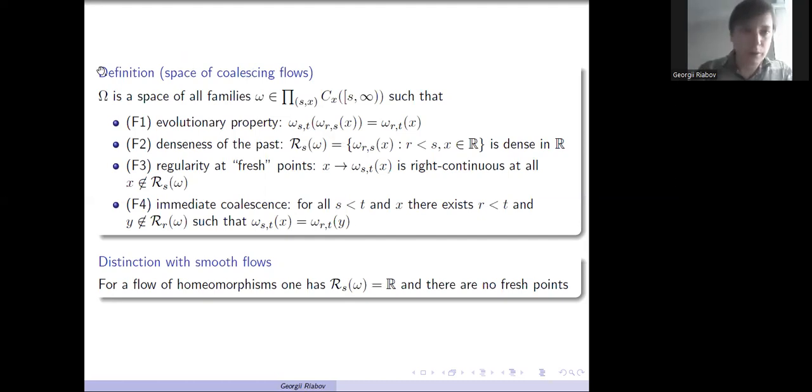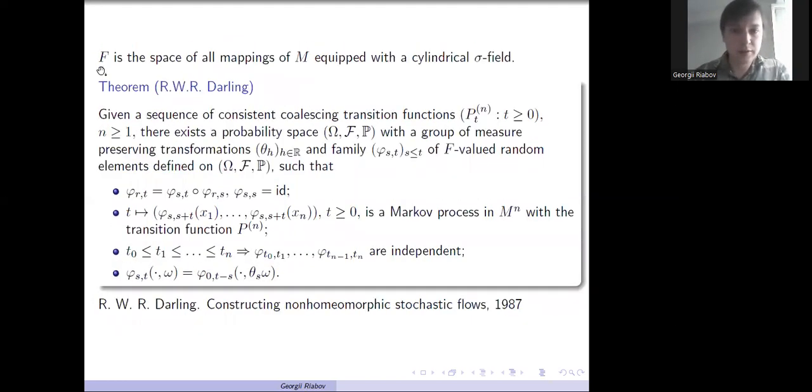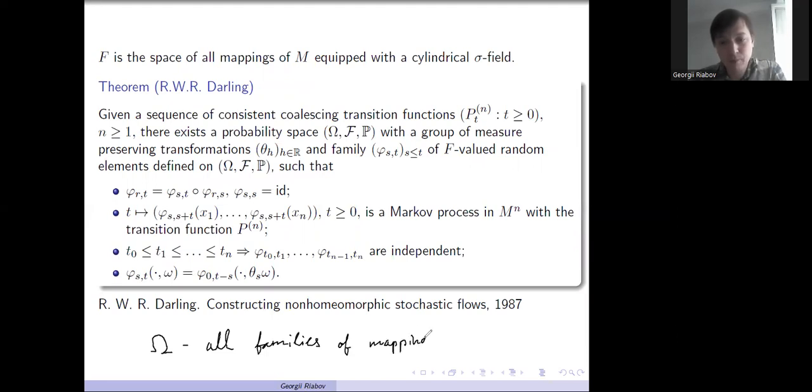Okay, so to compare with what is done in these results, here the probability space is the space of all families of mappings phi stx that satisfy the flow property.